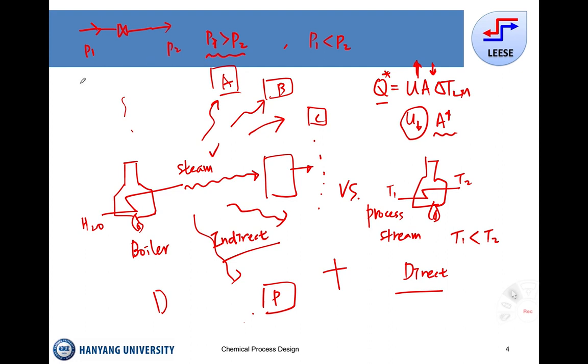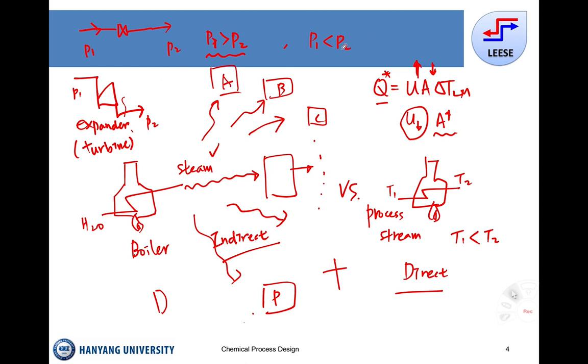The other one is using an expander, which for steam we call a turbine. Then the pressure is reduced.